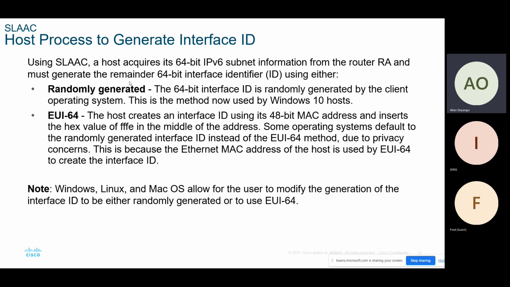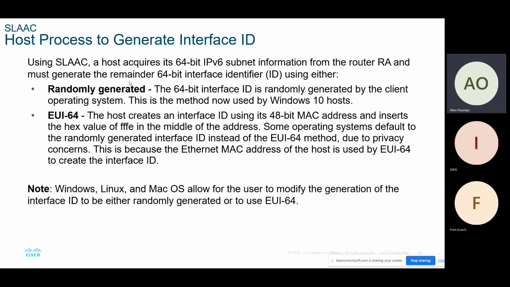The PC needs to create the remaining 64 bits to create the whole address. To generate that 64-bit portion, it uses two methods, which I think I have demonstrated before. It uses the randomly generated method, and it uses the EUI-64 process.